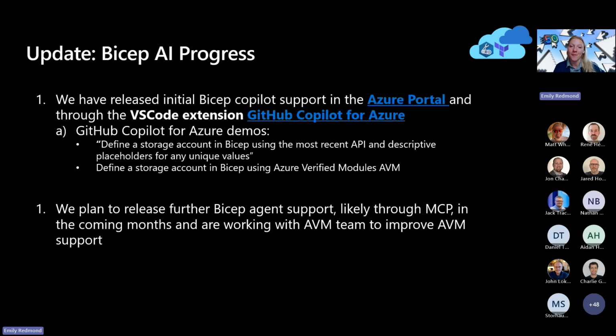So I don't have a link or an update for you on that, but I do want to communicate that we're working to define the tools that would provide this agent support. And we're working with the AVM team to do so, to make sure that AVM support is part of that. As I said, I don't have an official tool list or an official link for where you can access this today, but that is one of my main responsibilities in my role on the team, and I'm really excited to drive it forward.